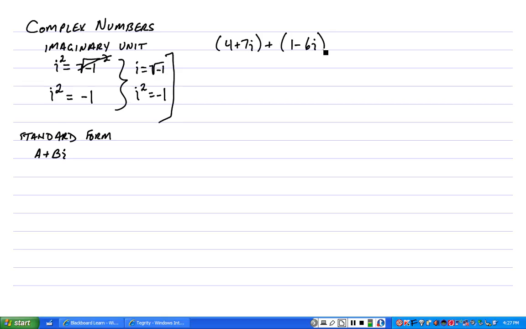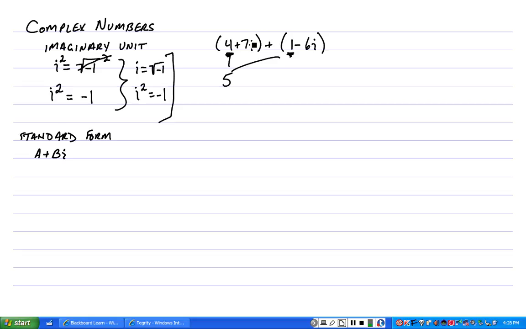Treat i like a variable like x, and all you want to do is combine like terms from one set of parentheses with like terms of another set. In the first set of parentheses our constant is 4, in the second our constant is 1. So we combine our 4 and our 1 to get 5. That gives us our constant term.